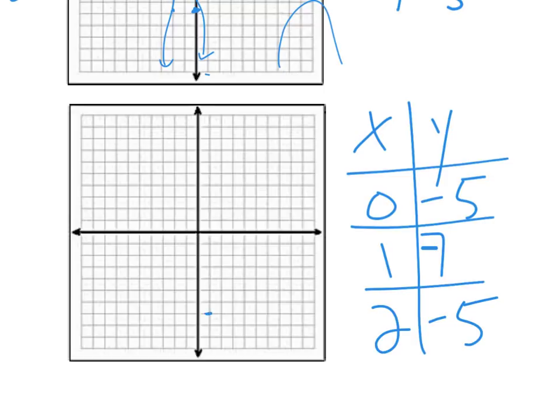And I get (0, negative 5), (2, negative 5), and we got our parabola there.